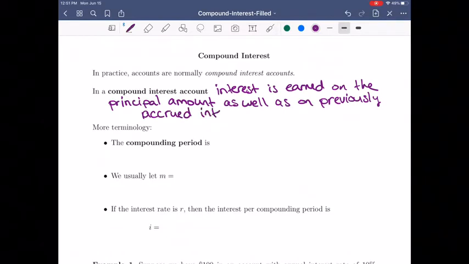So once you start accruing interest, you get interest on top of interest. Okay, so we need some more extra terminology.